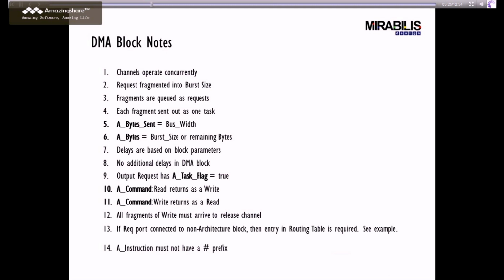As you send the first fragment to the destination device, only after receiving an acknowledgement from that destination device, the DMA block sends the second fragment to the destination. The read command returns as a write signal, and the write returns as a read command. DMA blocks have delays which are based on the block parameters like the DMA speed and the width size, and apart from this, no additional delays are added in the DMA block.